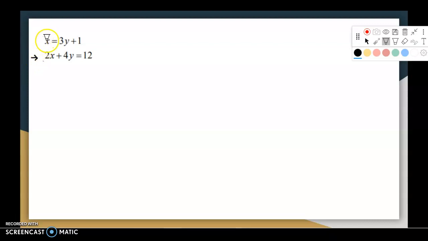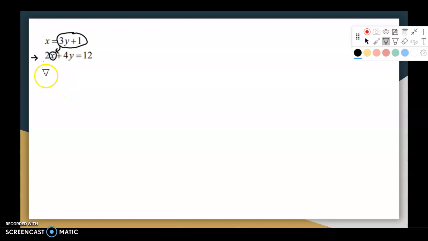We know x is equal to 3y plus 1. So x has another name. Its other name is 3y plus 1. So in place of x that you see down here, we're going to replace it with 3y plus 1. That's its other name. And we're going to write everything else across.